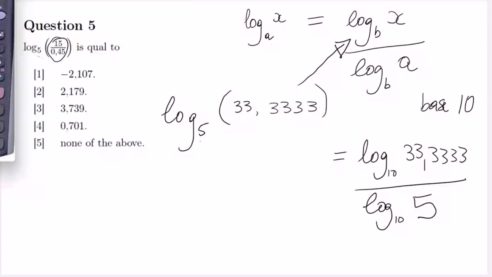Then get my calculation. My calculation is going to be 2.179. Okay, so this becomes my answer. So this is going to be 2.179. Okay, so the concept here was the concept of change of base.